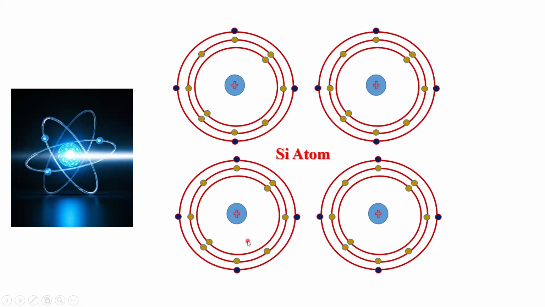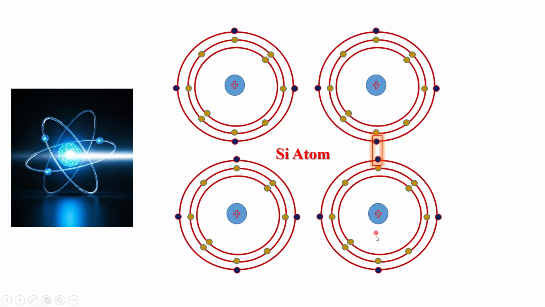So there are millions of such atoms inside a single crystal piece of silicon. And now you can see in the outermost orbit, this pairing is called electron pairing or electron sharing. In other words, we also call it a covalent bond, and each of these electrons is tightly bound to its parent atom.